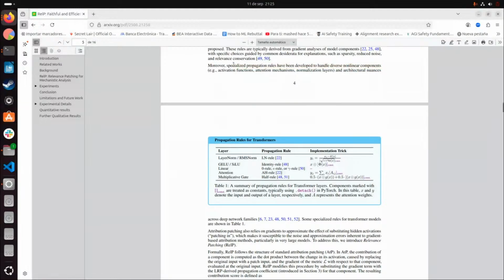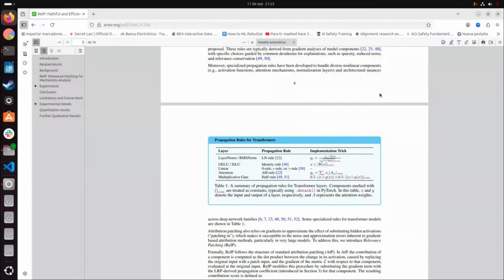So I guess it makes sense that if you are doing a gradient based approximation, you are kind of assuming it's linear, and you're basically not really dealing with the nonlinearities that much.